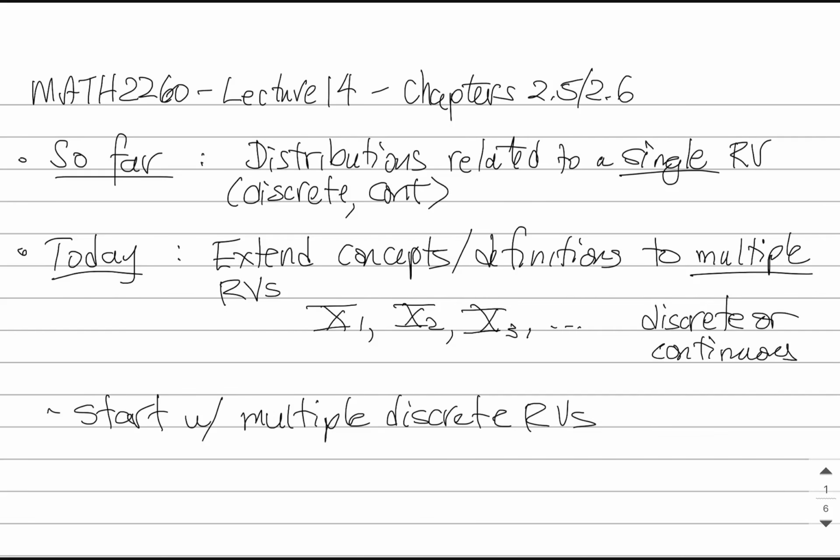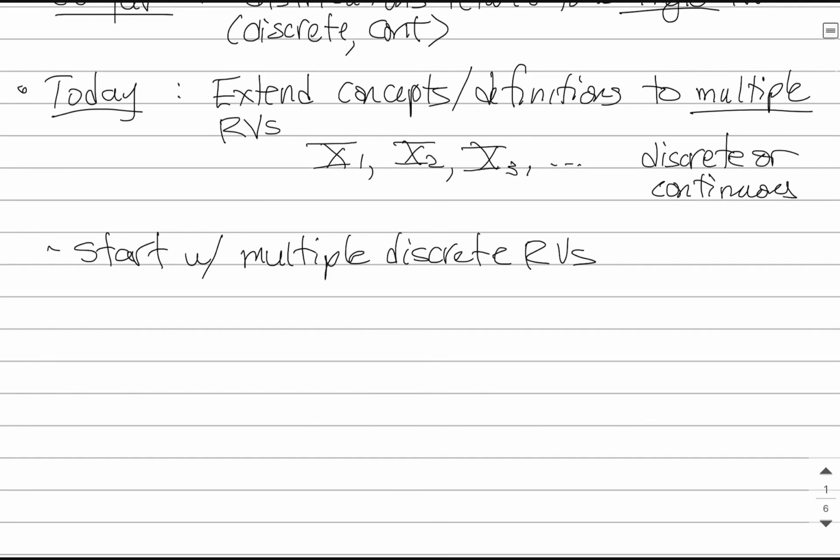And we'll denote these x1, x2, x3, etc., whether it's a finite list or an infinite list, whether the variables are discrete or continuous. So just for the purpose of clarity of illustration, I'm going to talk about multiple discrete random variables to begin with. The idea is that we are going to try and replicate as many of the definitions and concepts from single random variables as we can.